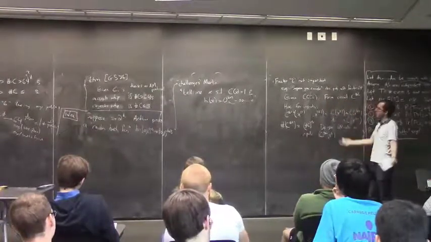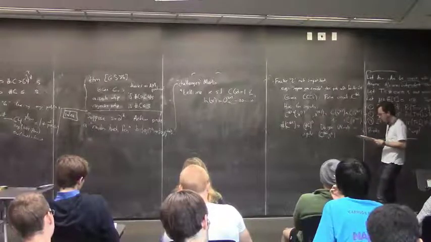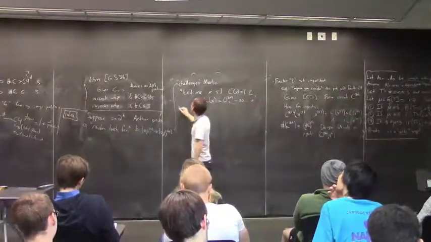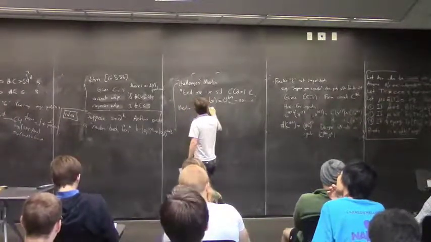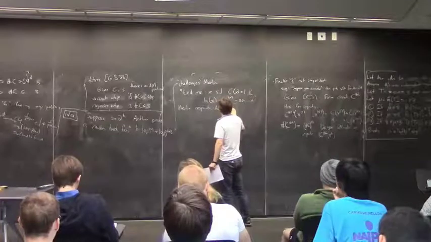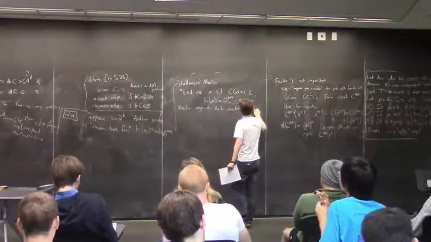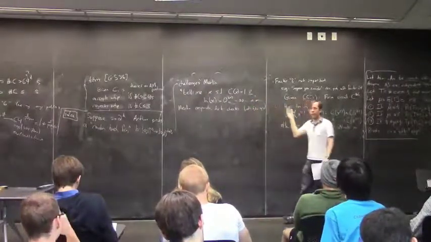So it's not just tell me a satisfying assignment, tell me one that actually hashes to this particular string. And then Merlin responds. And then Arthur checks both of these aspects, and he accepts if and only if both checks pass.